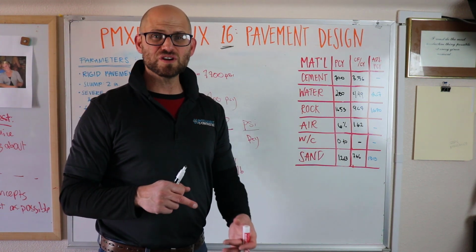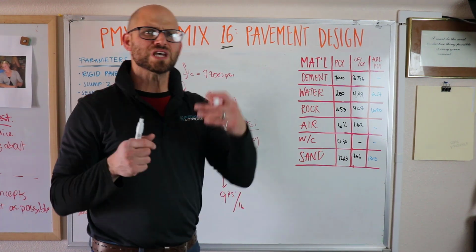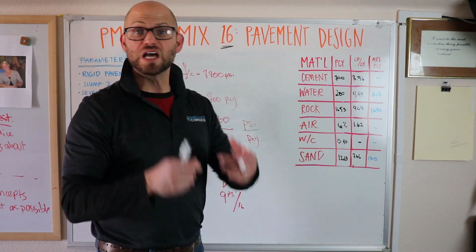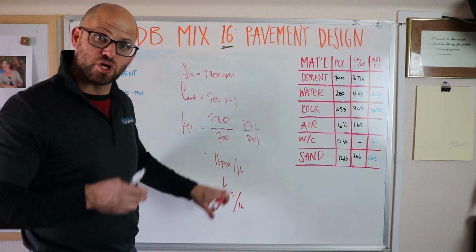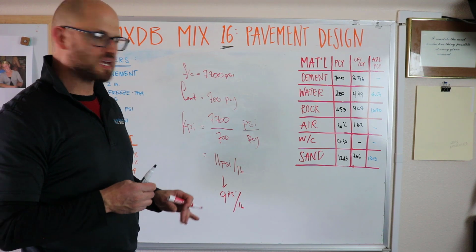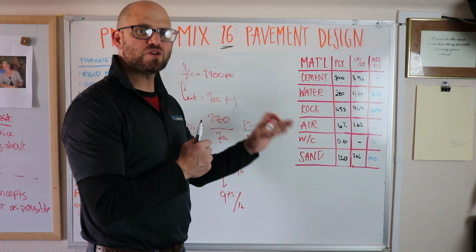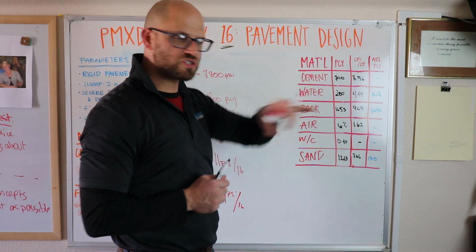Then there are alternative supplementary materials you can use, colloidal silicas, carbon nanotubes, titanium dioxide, nano alumina. There are so many different technologies that can help you boost your lower PSI per pound to that higher PSI per pound, so you can achieve those engineering properties that you need without having to increase your cementitious content.